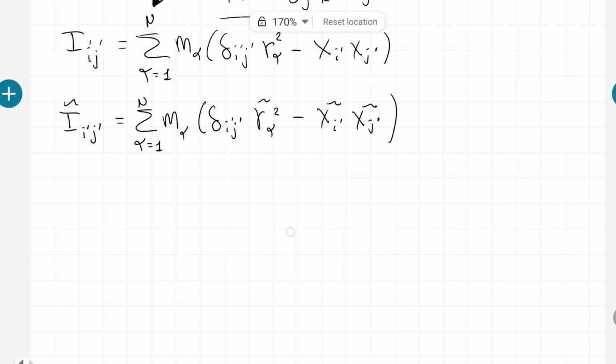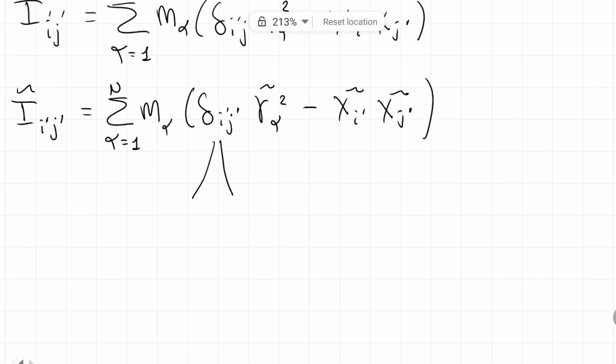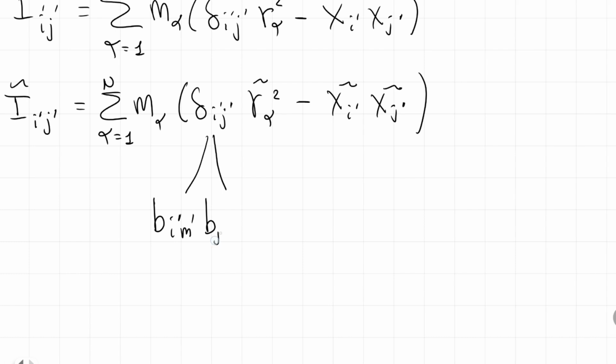Here comes the most interesting part of the lesson. Here we have a Kronecker delta i'j'. So look what I'm going to do now. We are going to examine the term b_i'm' that multiplies b_j'm'.